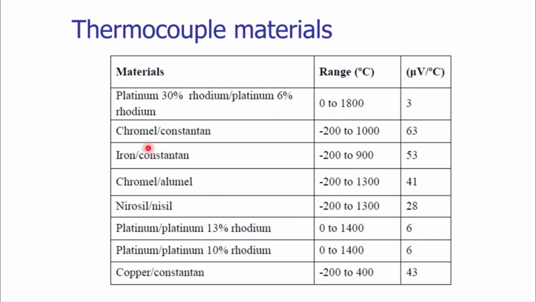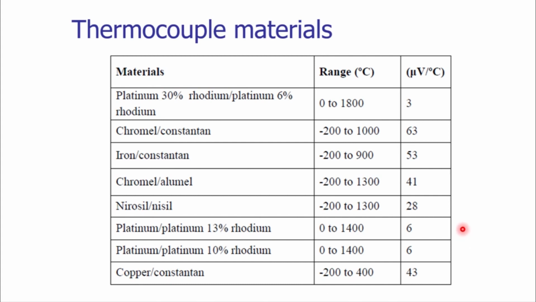Then we can have a combination of chromel and constantan, iron and constantan, chromel and alumel, nicrosil and nisil, then platinum and platinum with 13% of rhodium, platinum and platinum with 10% of rhodium, and we can have copper and constantan. So in this way, a variety of combinations are available in the market, and we need to choose a proper combination based upon its application.